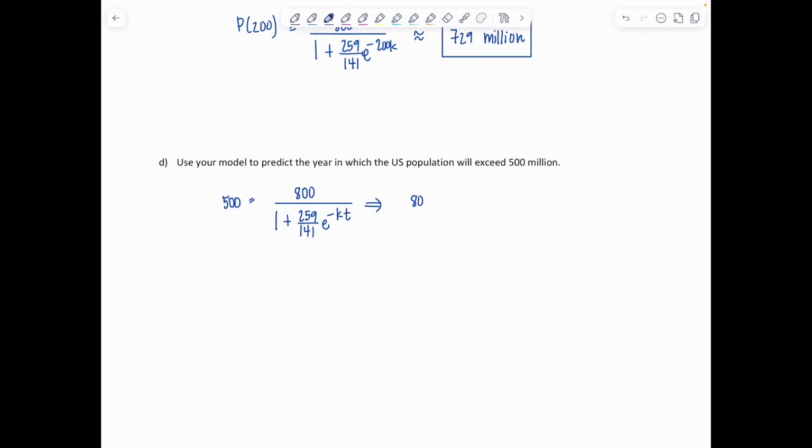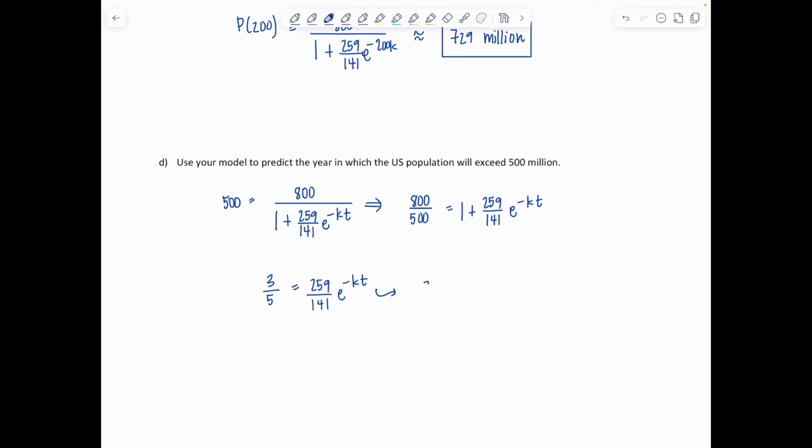So we've got 800 over 500 equals 1 plus 259 over 141 e to the negative kt. 8 over 5 minus 5 over 5, that's 3 over 5 on the left-hand side, equals 259 over 141 e to the negative kt. Again, multiply by the reciprocal.